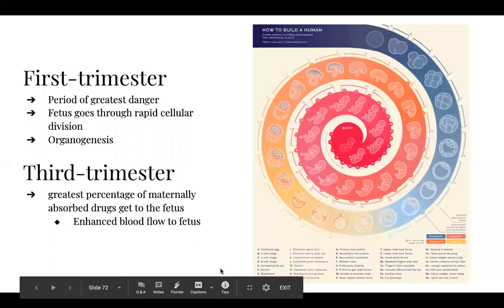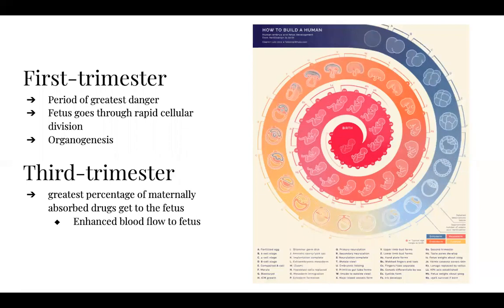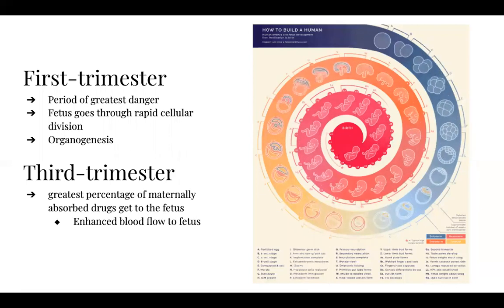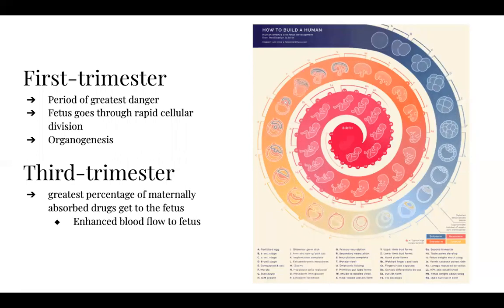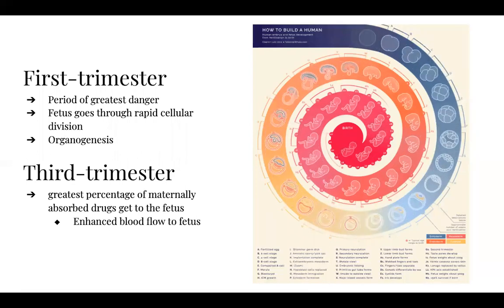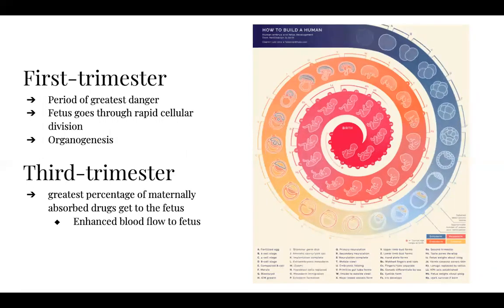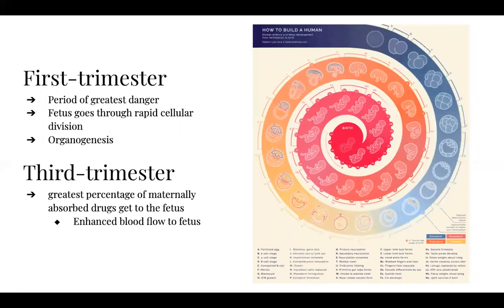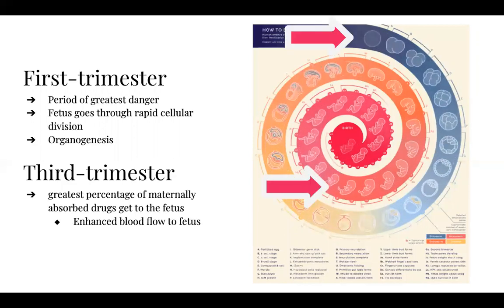Now, the impacts on the fetus vary by the trimester. As we can see over here, we start in the blue area with one or two cells, right? So it's a very small amount of cells that end up going to the pink area.